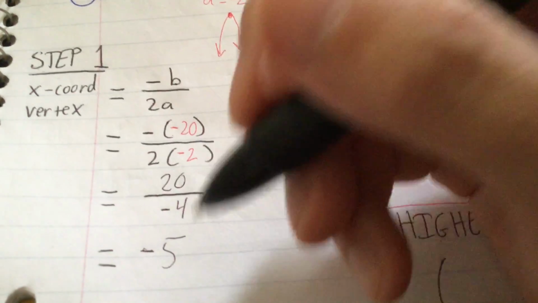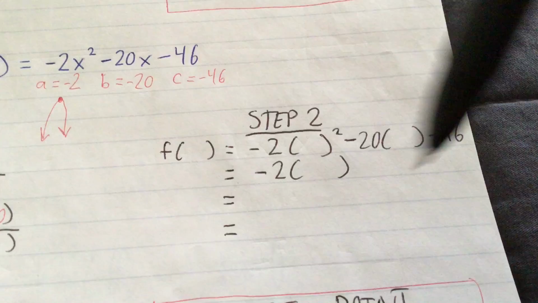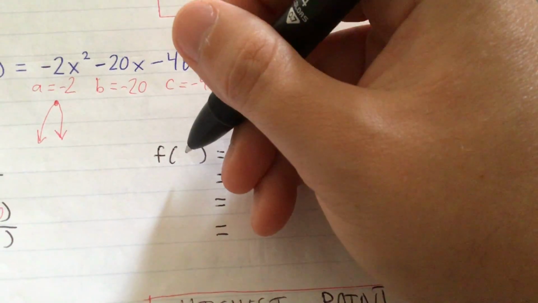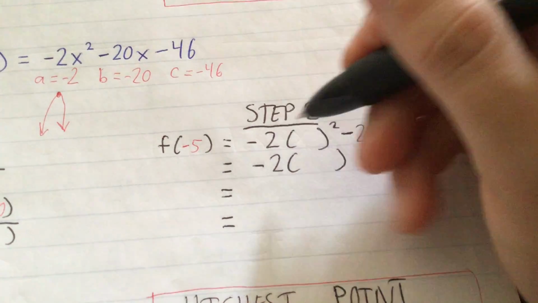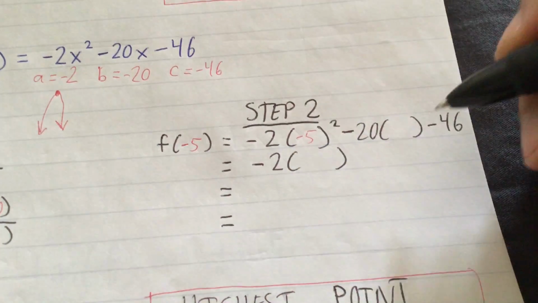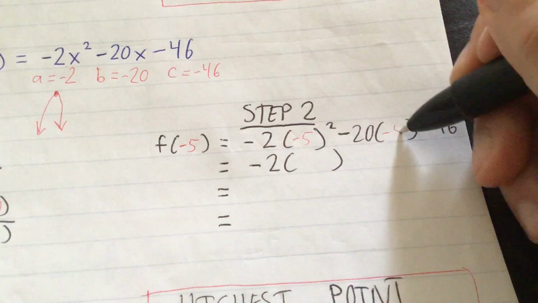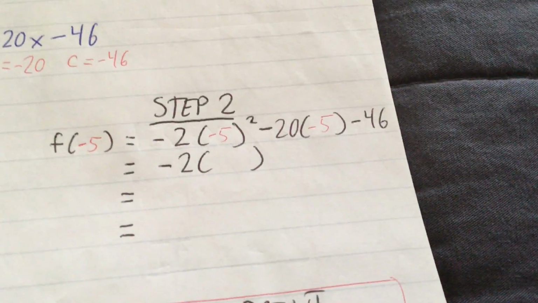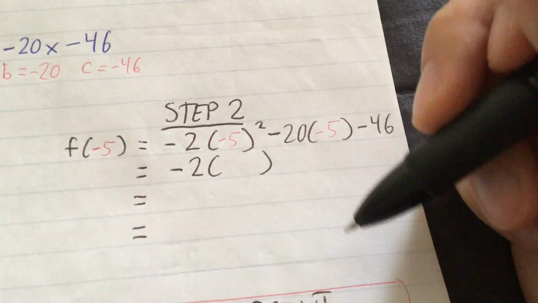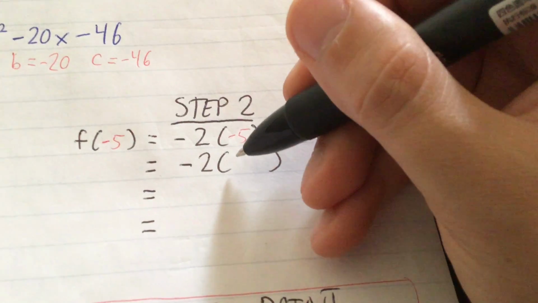Okay, so now I plug in the x-coordinate of the vertex into the f of x formula. So that'd be f of negative 5. f of x is equal to negative 2x squared minus 20x minus 46, where x is equal to negative 5. Negative 5 quantity squared is going to be 25.